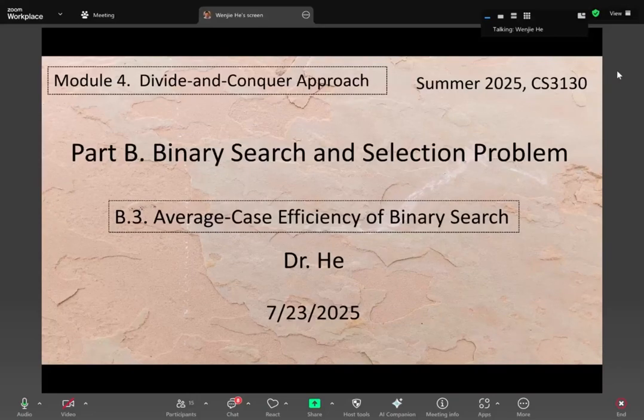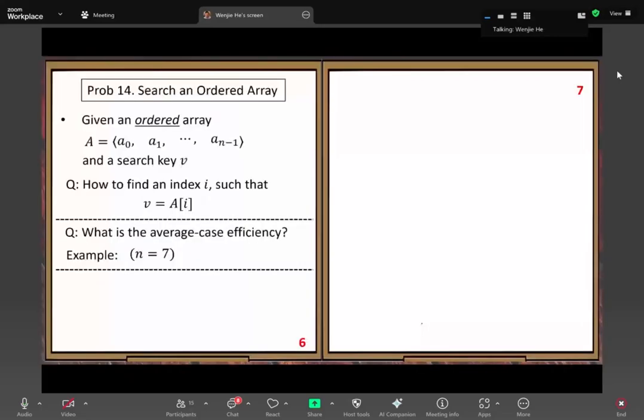Here, we need to use a diagram to show the comparison information in a binary tree.